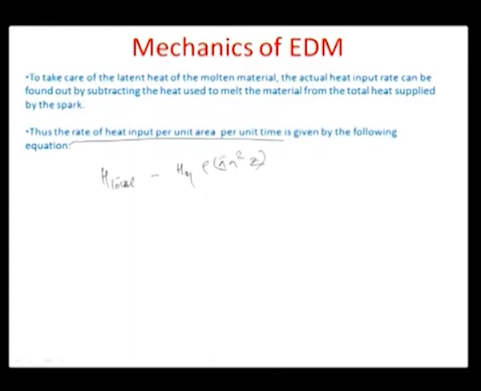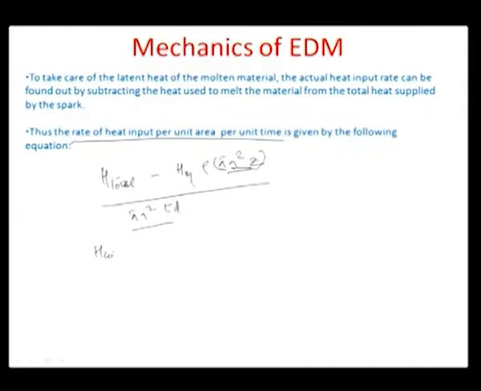We assume this volume to be cylindrical for our estimation, times pi a square Z, divided by, of course, because it is a heat flux per unit area per unit time, pi a square Td.